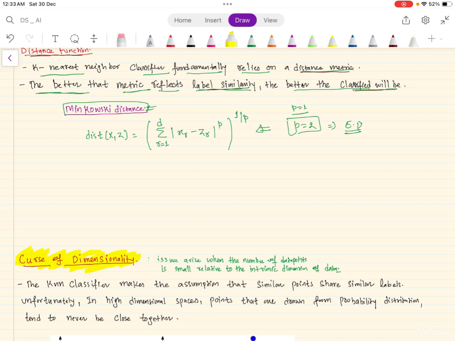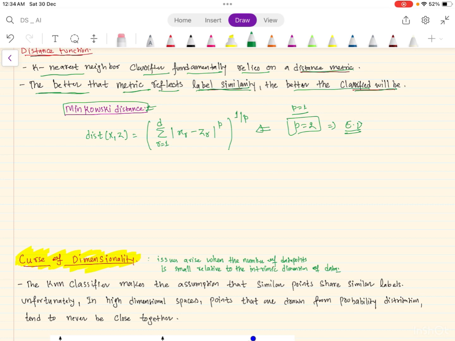I'm not going to emphasize too much on this point, but what you can take from here is that if you calculate the distance between 2 points and you increase your dimension, it will have an effect on the distance between these 2 points. If you increase your dimension, these 2 points will never be close to each other, right?